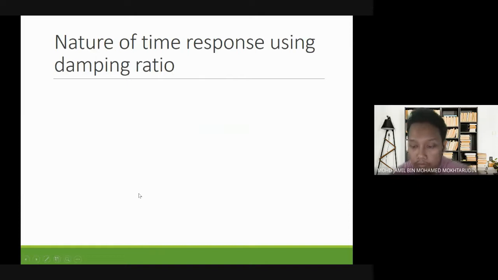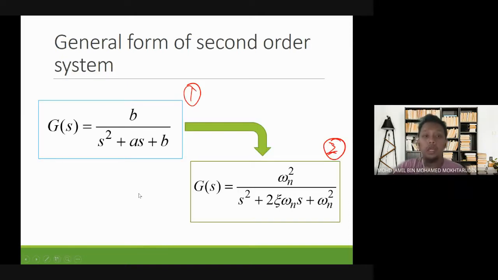So we can describe our second order transfer function as B divided by s squared plus A s plus B, or omega n squared divided by s squared plus 2 times damping ratio times omega n times s plus omega n squared. Okay, so there are two general form equations or transfer functions for second order system.